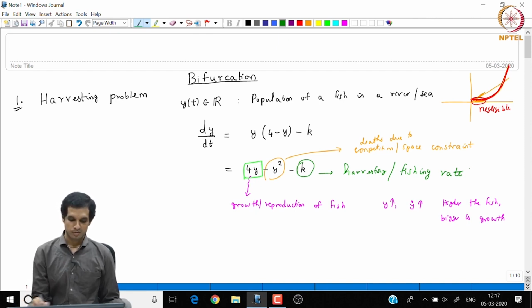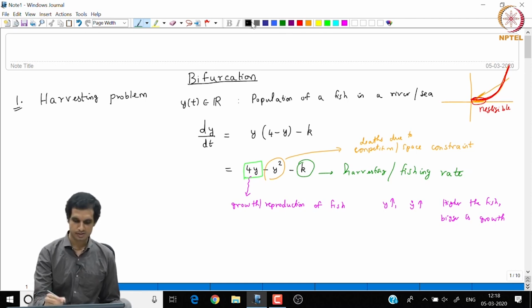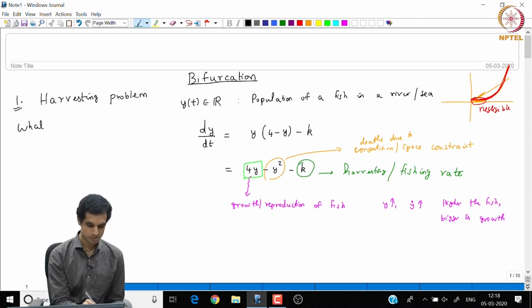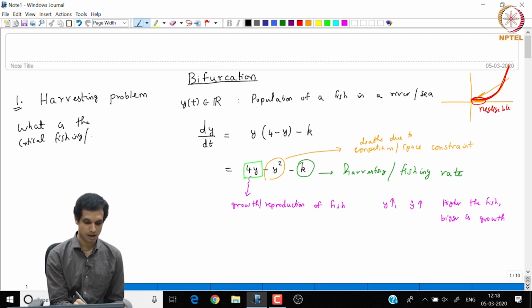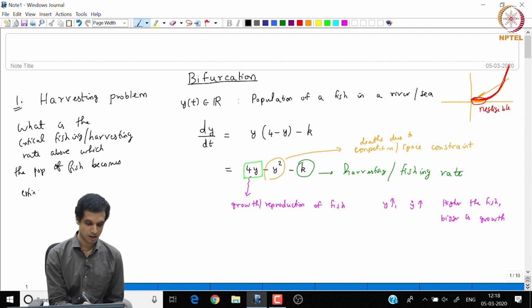This is the dynamical system that is given to us, and the problem that is asked is: what is the critical fishing or harvesting rate above which the population of fish becomes extinct at steady state?